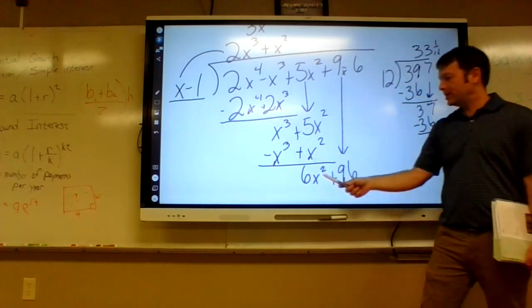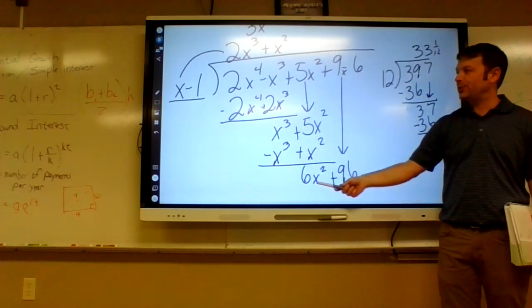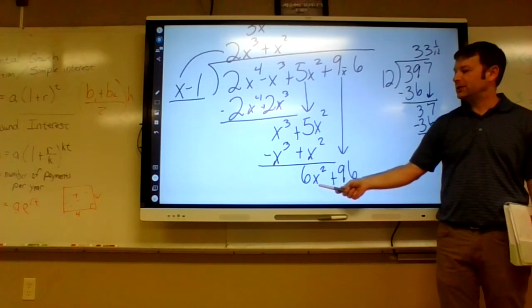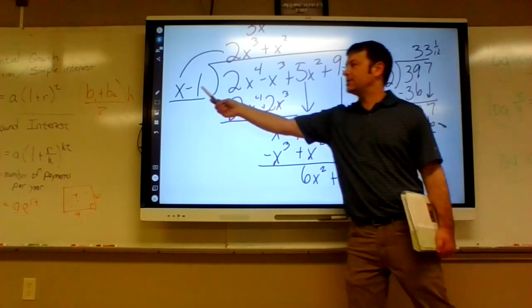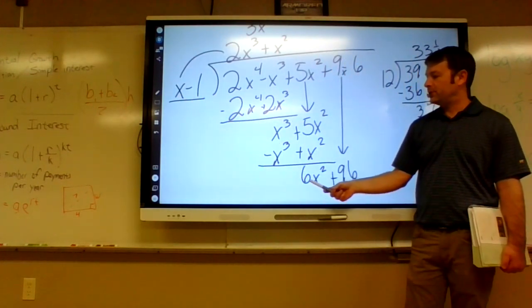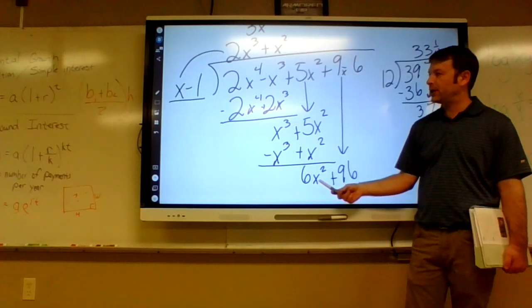X times what equals 6x squared? We need a 6, but we also need another x, right?